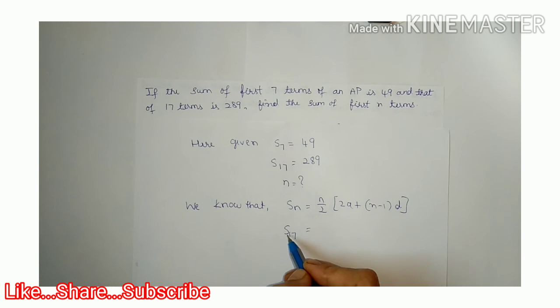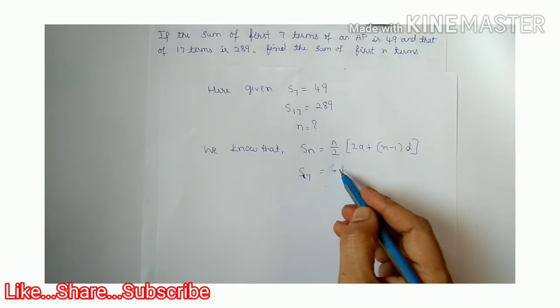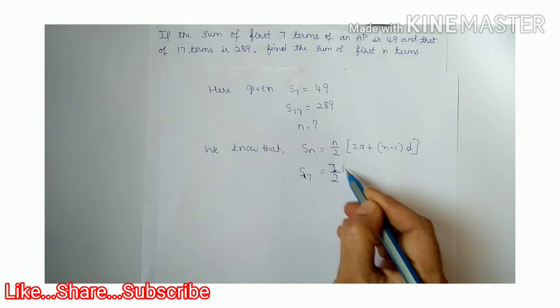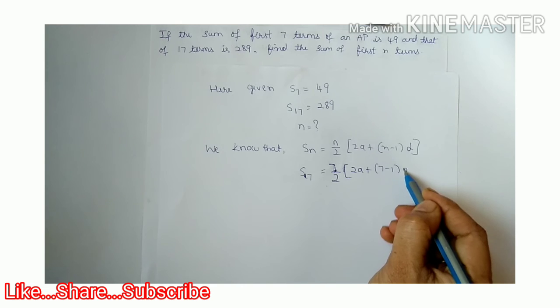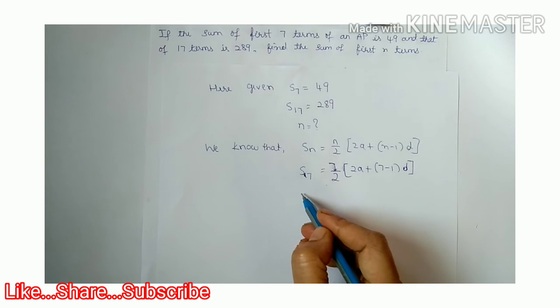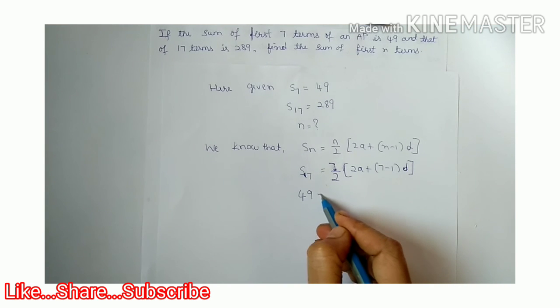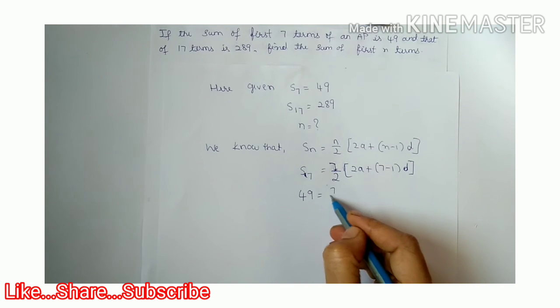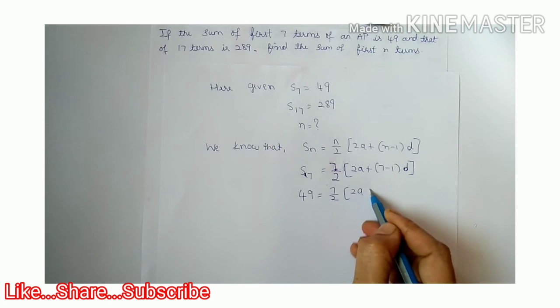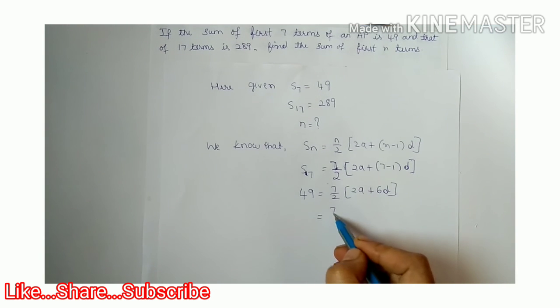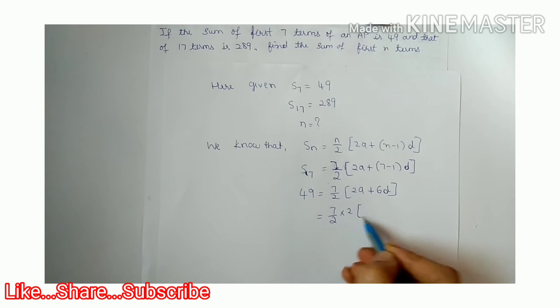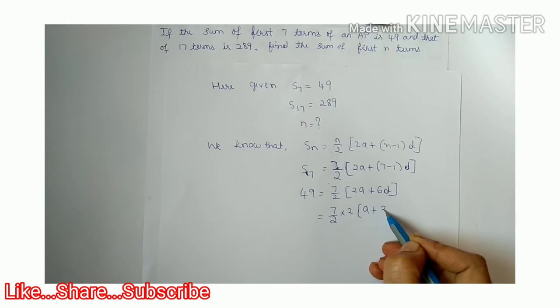S7 is equal to 7 by 2 into 2a plus 7 minus 1 into d. S7 is 49: 7 by 2 into 2a plus 6d. 7 minus 1 is 6, 6d. 7 by 2, 2 is common: a plus 3d.